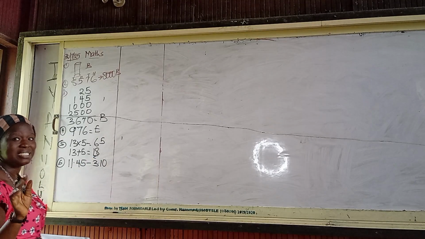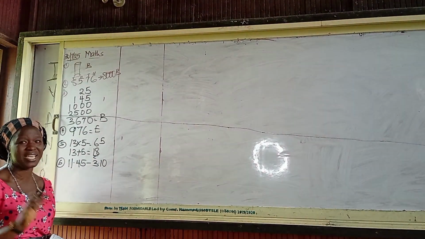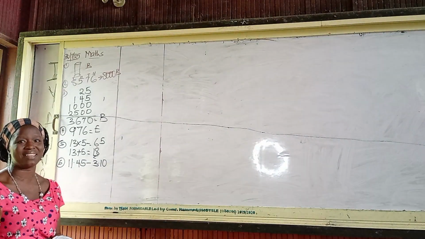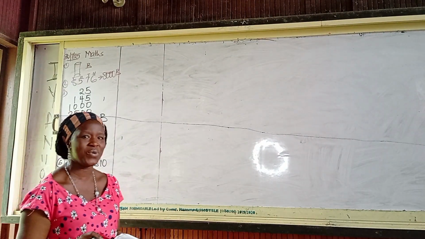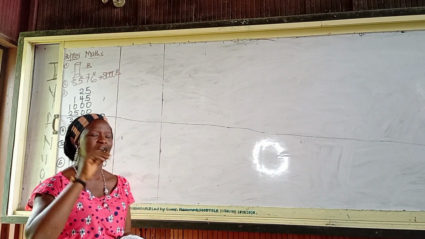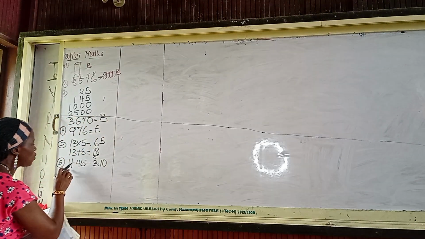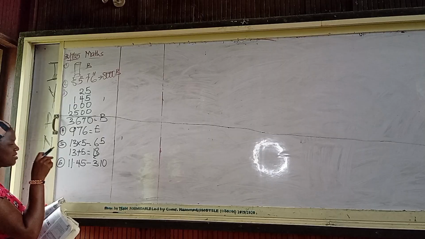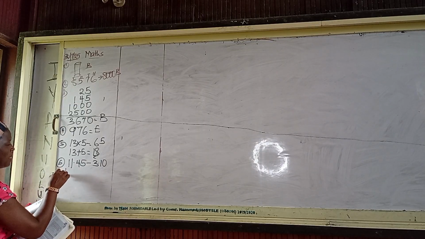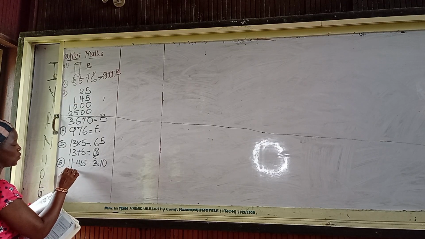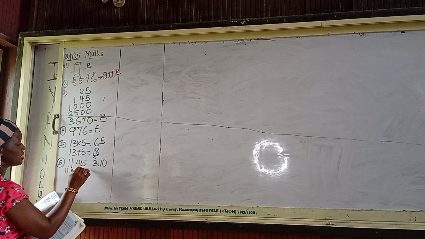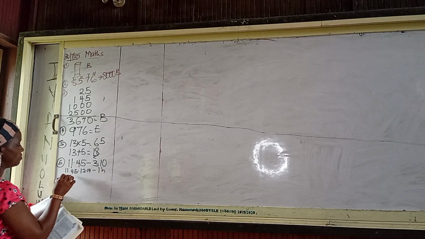So now the first thing is, let's look at how many hours we have in between 11:45 and 3:10. Whatever we have, we divide it by 2 to get the number of times that the bell will toll. So 11:45 to 12:45, that is 1 hour.